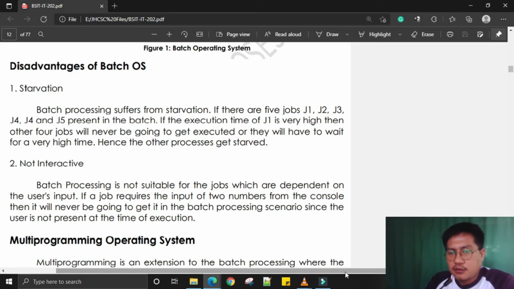So what you are going to do is just wait for the outcome. Those are the disadvantages of having a batch operating system.